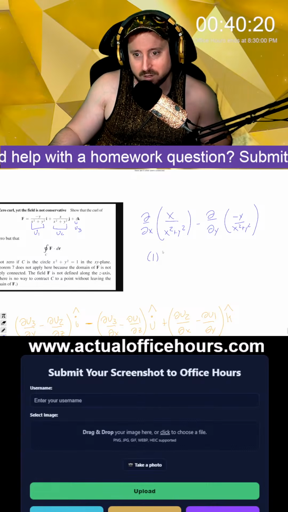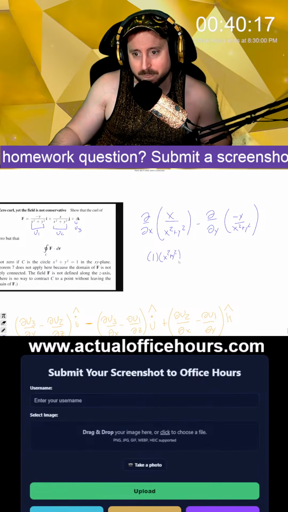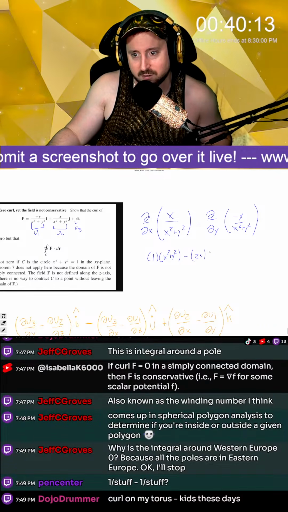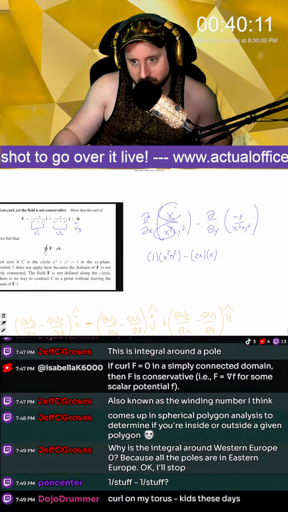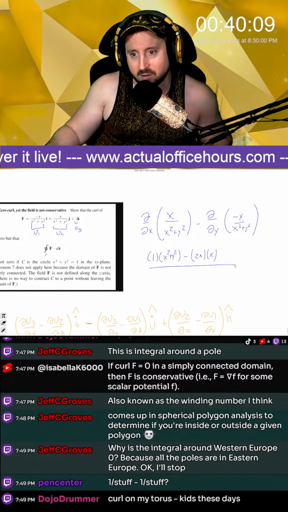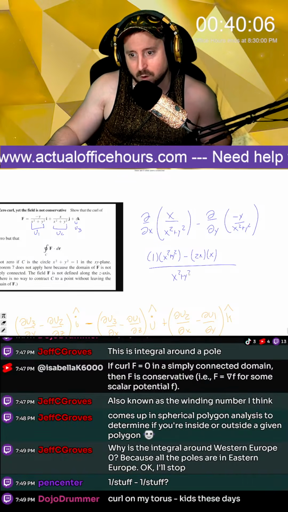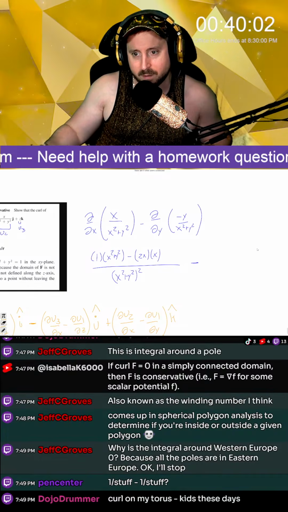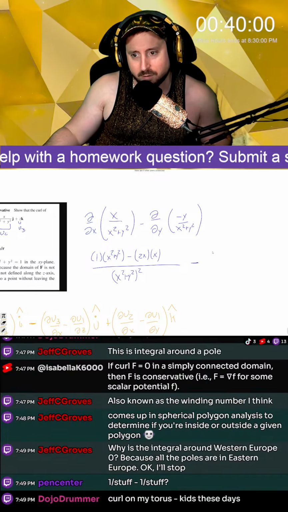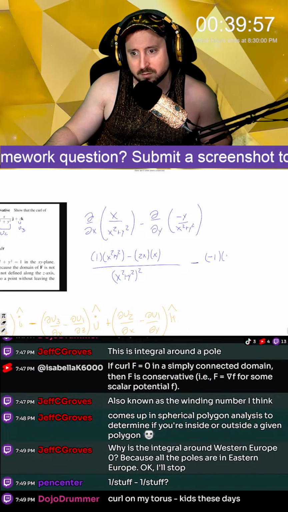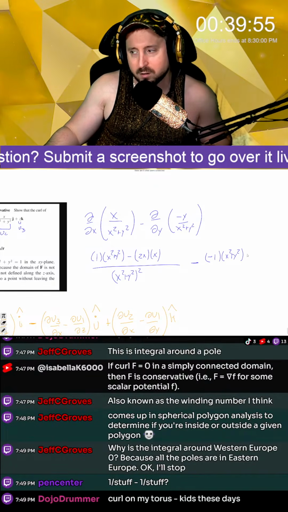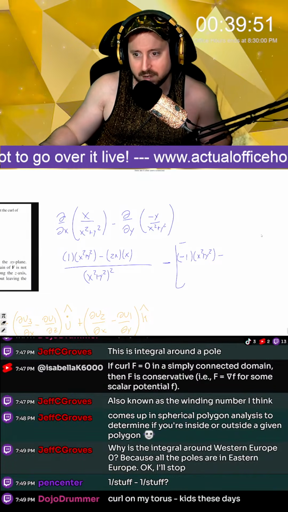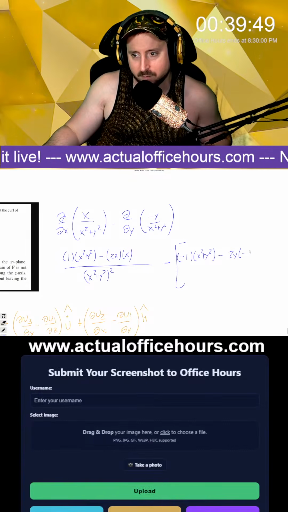So this is 1 times x squared plus y squared, minus 2x times x, that's the derivative of this times that, and that's all over x squared plus y squared, squared. And then that's minus this one. Derivative of the first is -1, times x squared plus y squared, minus the derivative of the second, which is 2y times -y.